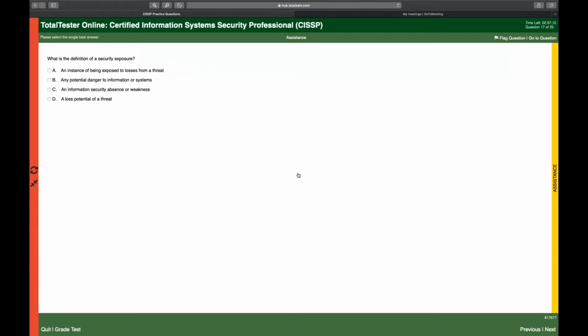Bravo. No, it's actually Alpha, and the key word is instance. The actual instance of that threat overcoming a vulnerability is an exposure. Bravo is a threat, I think. Yeah, I just noticed that too.